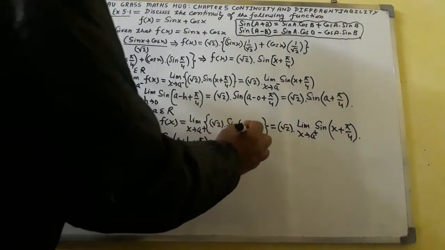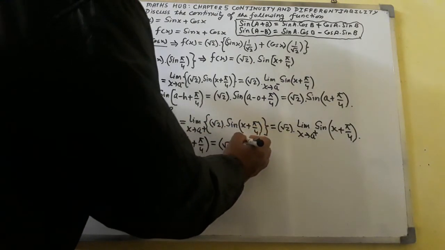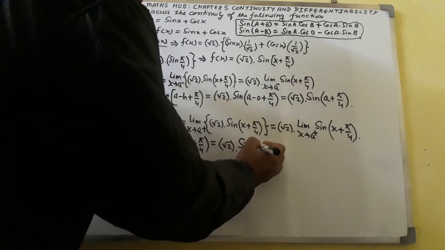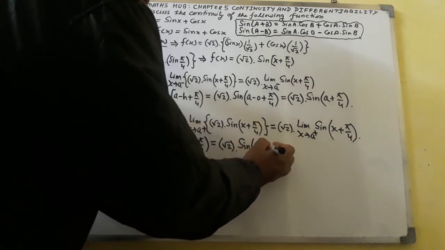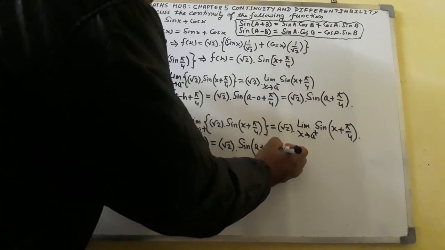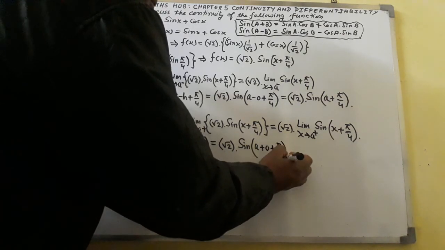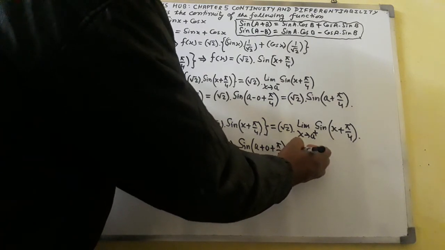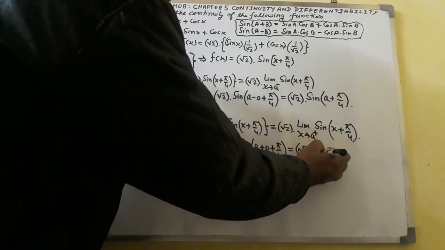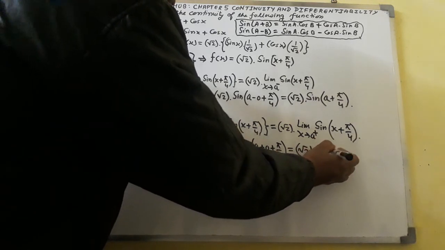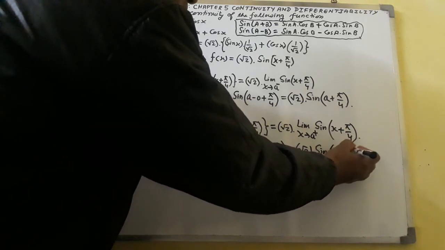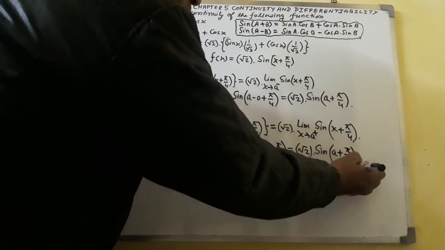So here you will get sin in bracket a plus 0 plus pi by 4 equal to under root 2 sin a plus pi by 4 bracket close.